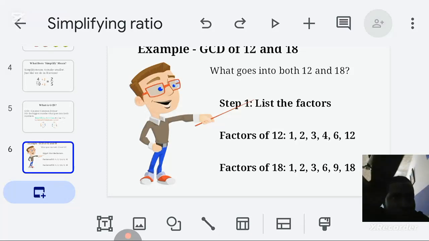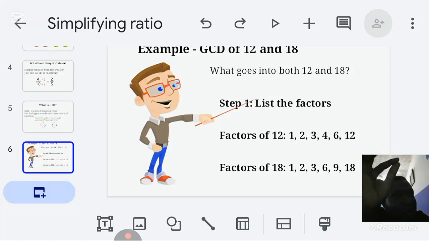Now for you to look for the GCD of 12 and 18, you have to look for the common factors. What do I mean by common factors? I mean those numbers that appear in both 12 and 18, the same numbers. For example, we have 1 appearing in both 12 and 18. We have 2 appearing in both. We have 3 also. We have 6 also.